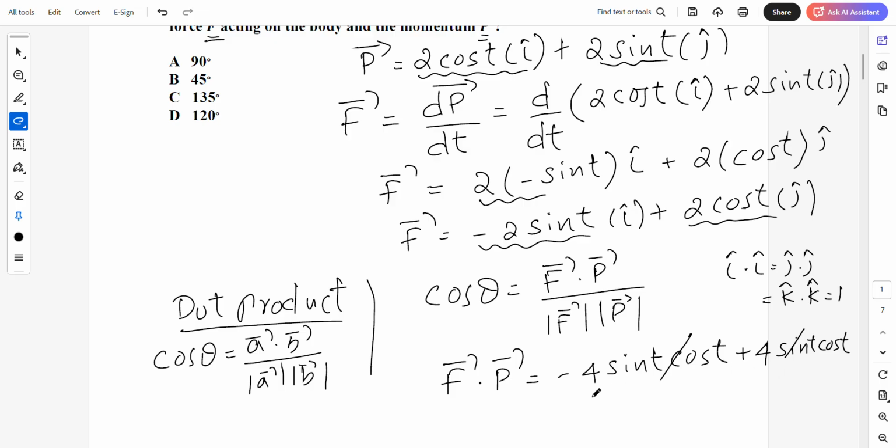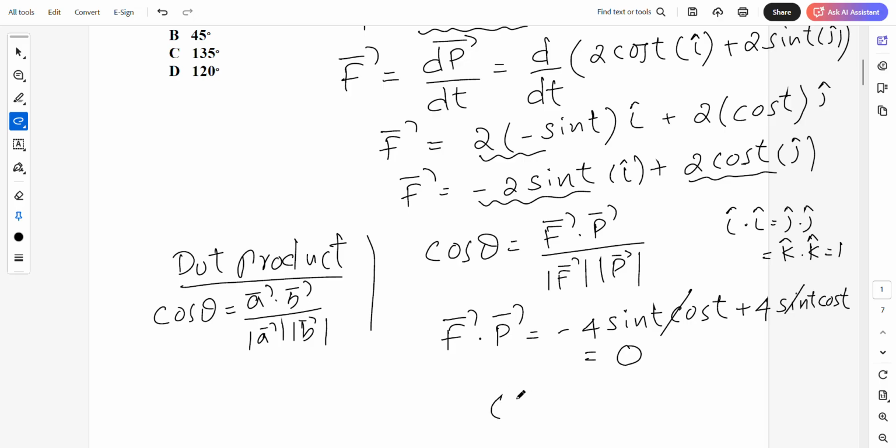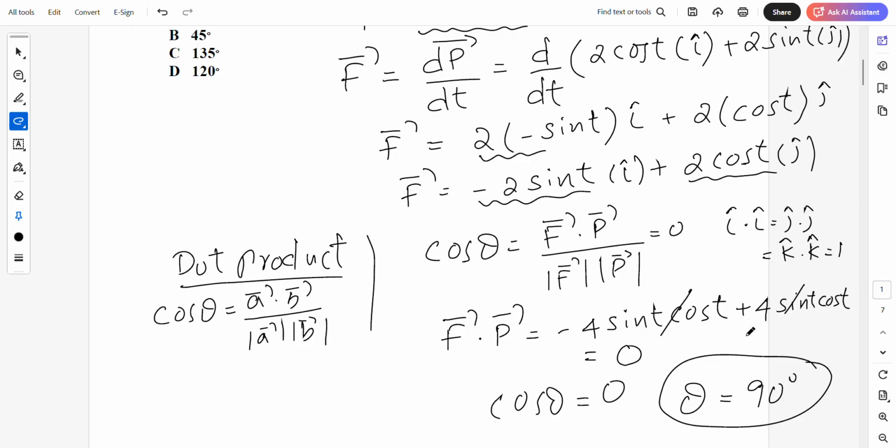It gets cancelled, that is equal to 0. Therefore cos theta is equal to 0. If cos theta is 0, how much is the angle theta? Theta is 90 degrees. Hope you have understood this one.